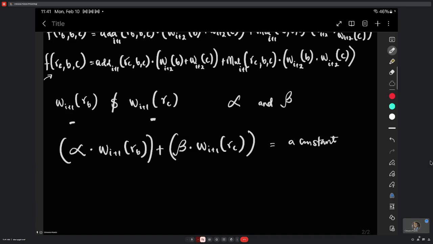Because what I'm thinking basically is, if we do the add and mul evaluation for a particular W_{i+1}, we can just multiply the beta by everything there, and then it's the same, straightforward.